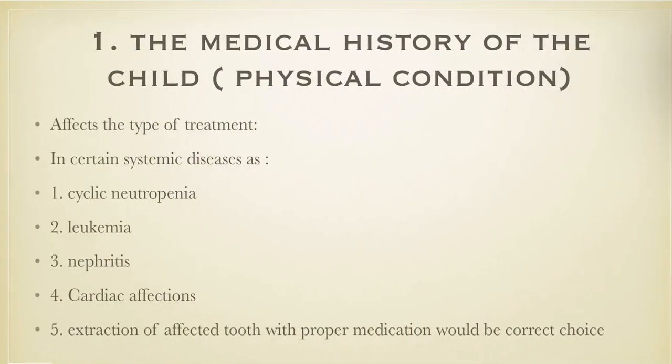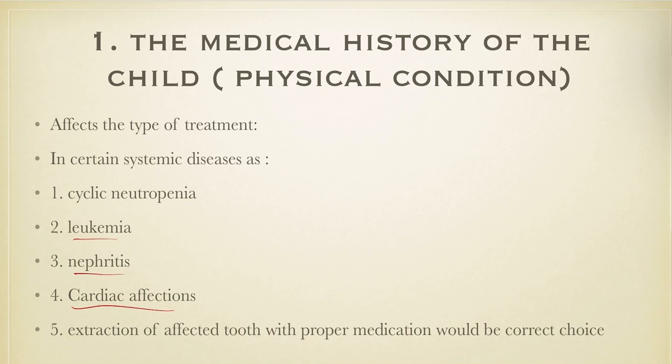So, the medical history. The medical history of course affects the type of treatment, as certain systemic diseases such as cyclic neutropenia, leukemia, nephritis, and cardiac affection do affect the treatment.